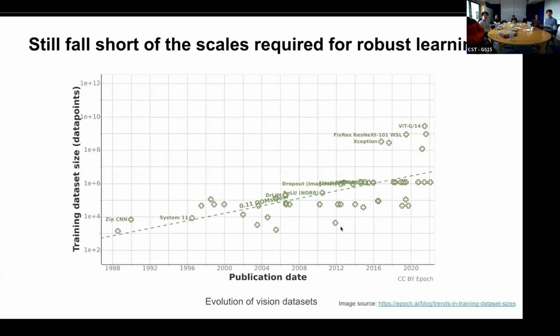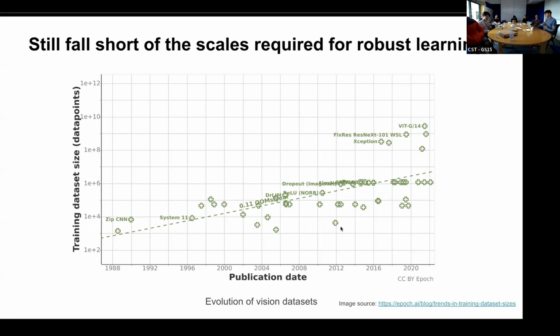And despite all these efforts, compared to all the other machine learning data sets used in NLP or computer vision research, it still falls short of the scale required for robust learning. So what are we going to do, right?